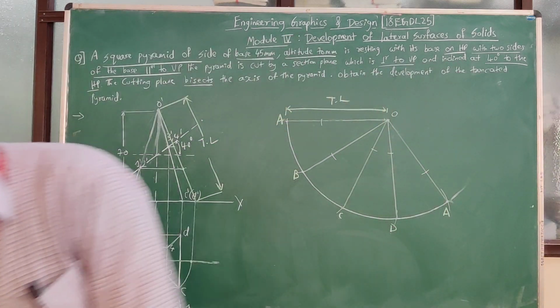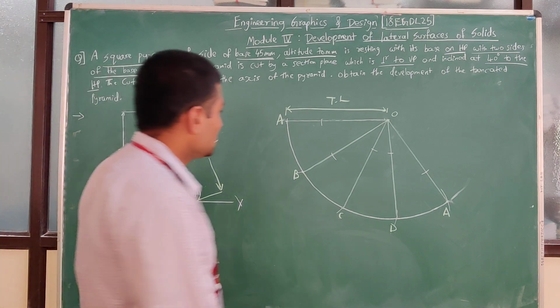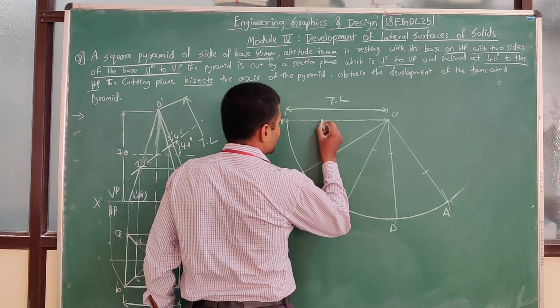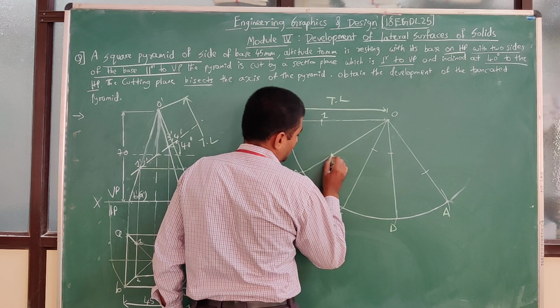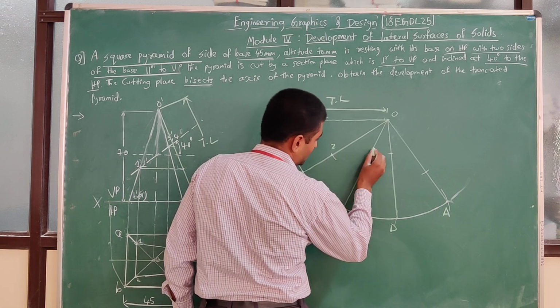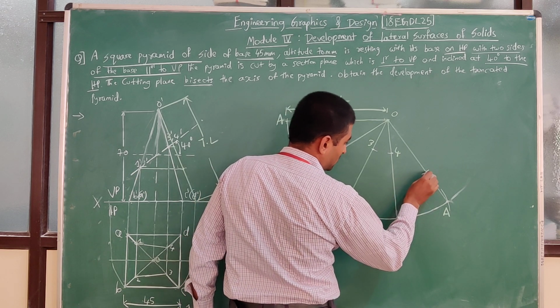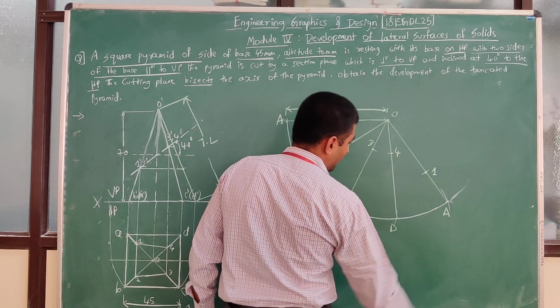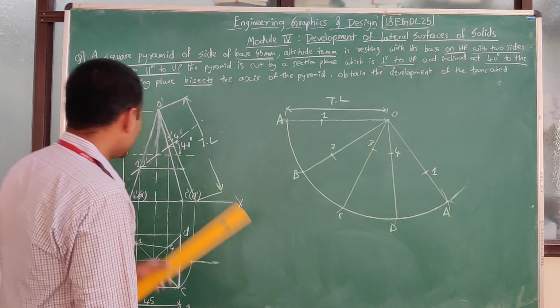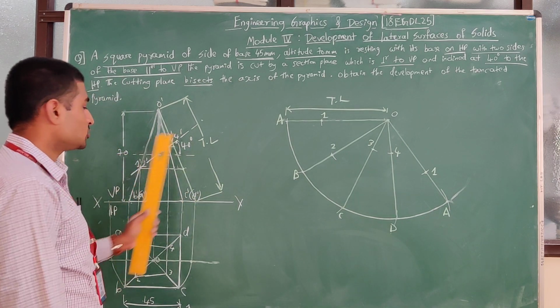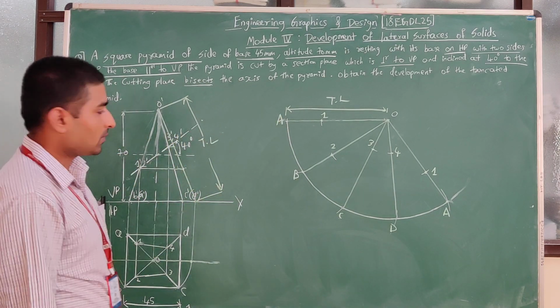So once you have done this, now the important thing is the naming. So this will be which point? 1, 2, 3, 4, and back to 1. Exactly right. All the points which are projected here should come back onto the development.